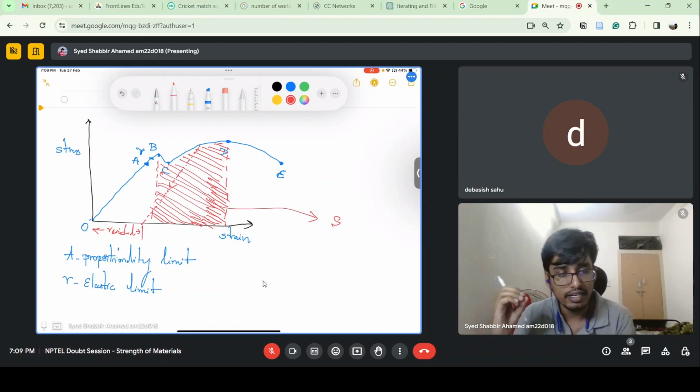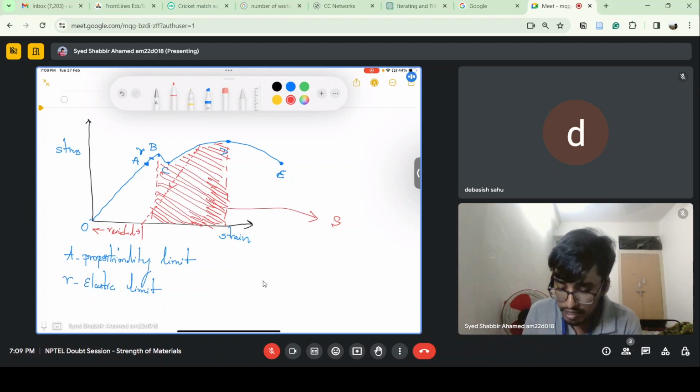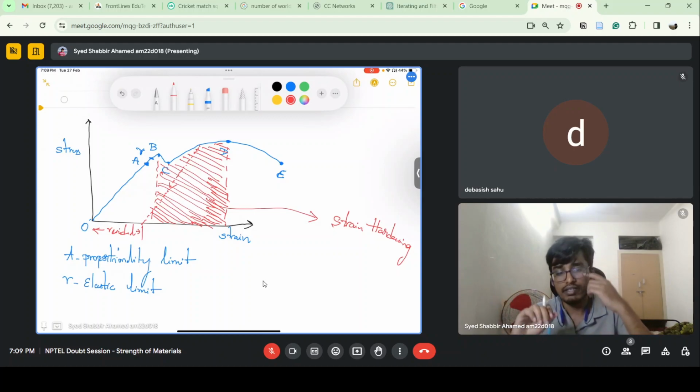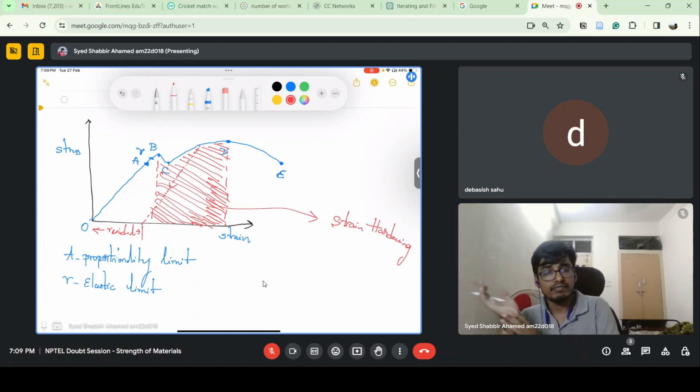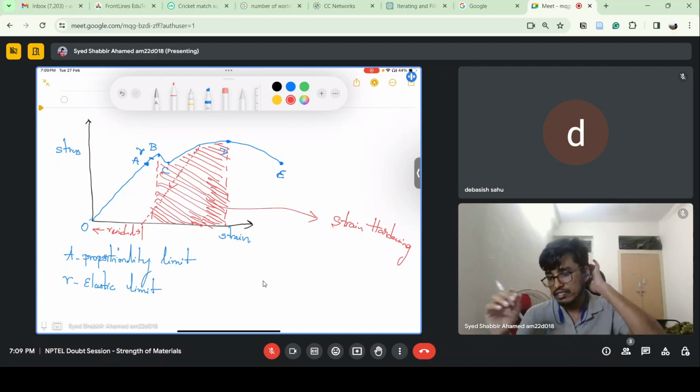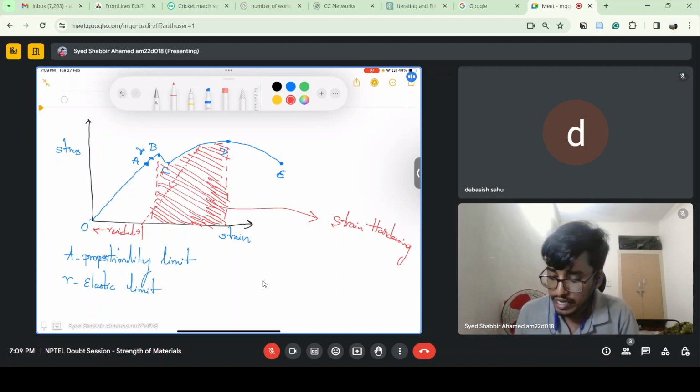So for a very small stress applied, there is huge strain. That's why it is called the strain hardening zone. In the strain hardening zone, there are a lot of molecular level deformations happening, due to which the internal structure of the material changes.